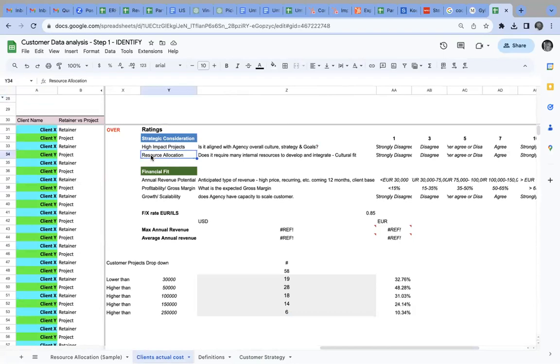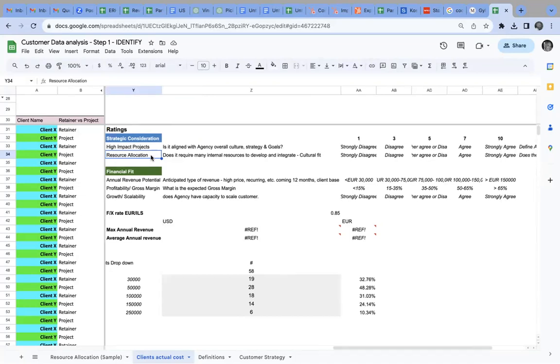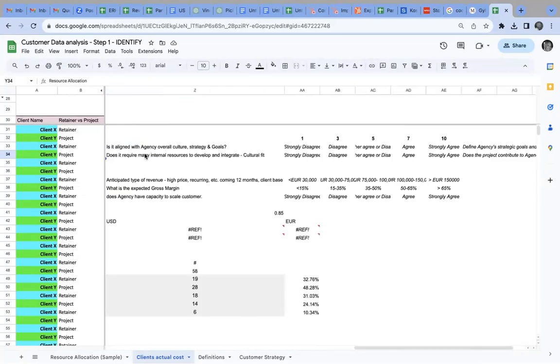Some resource allocation challenges: does it match well the kind of resources we have, or do we need to use one of the founders, because there's one person only that can do this? So immediately that person is also the one who can sell it, etc. So you become a tight resource. And that is very subjective: strongly disagree, disagree, neither agree nor disagree, agree, or strongly agree.